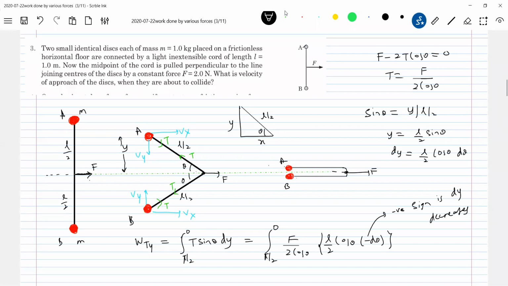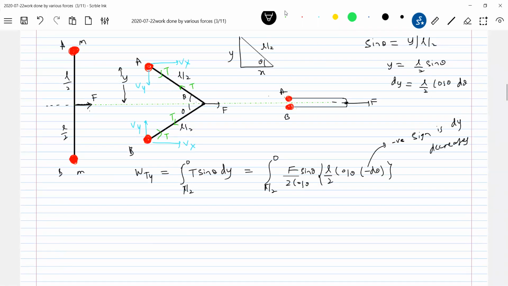So now substitute all this. Sir, won't it be F by 2 cos theta, sin theta into L by 2? Yes, sin theta I was missing. So the equation will be FL by 4, which I'll take outside, times the integral from pi by 2 to 0 of minus sin theta d theta.